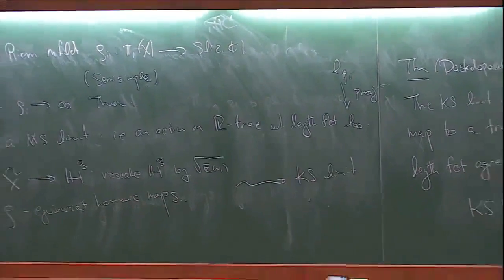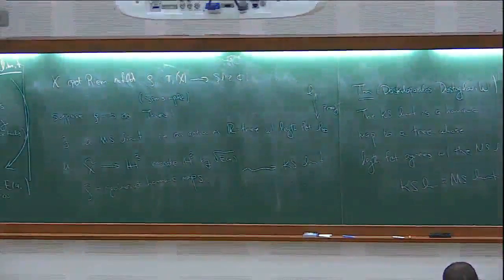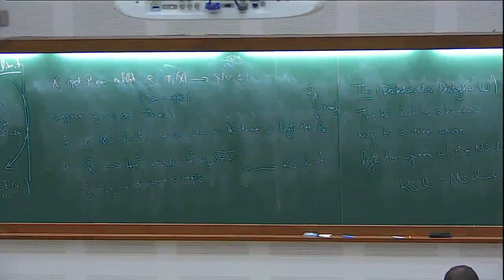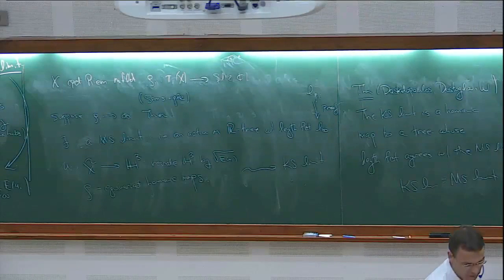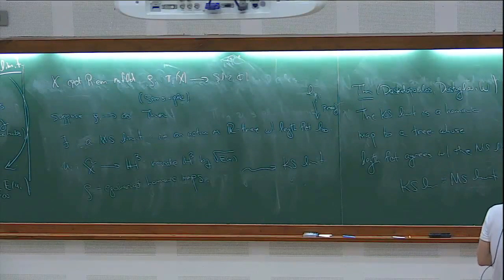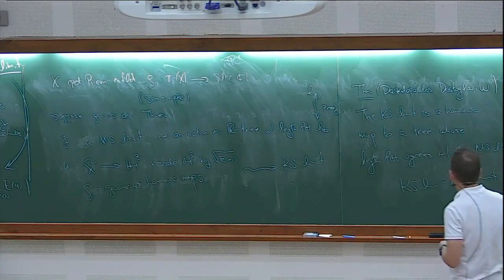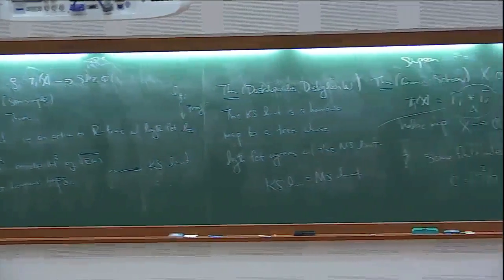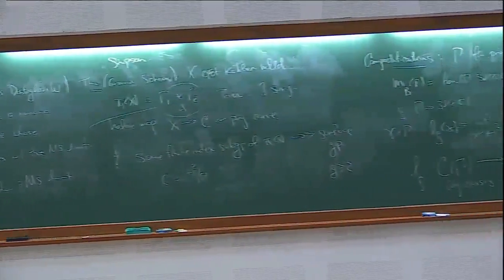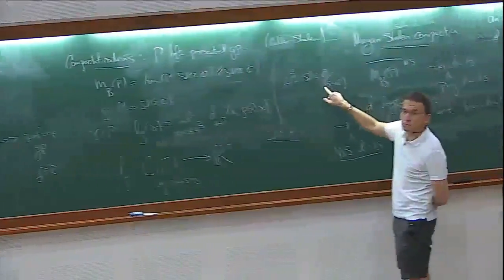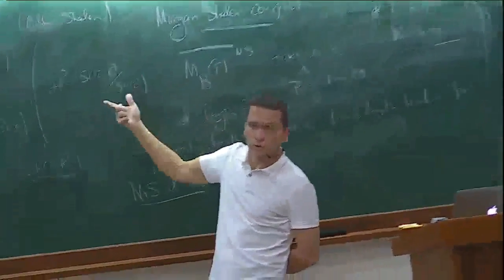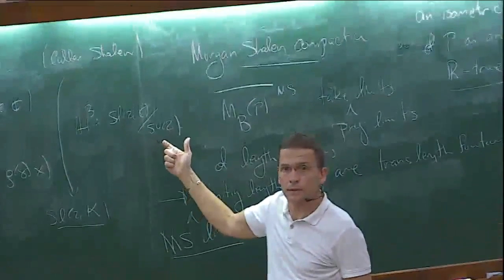So let's see. I think I wanted to say something else here about that. Okay, so this generalizes a theorem of Mike Wolf for Teichmüller space. I didn't say that, but the Morgan-Shalen compactification, when you restrict to the Teichmüller component inside of here, is just the Thurston compactification of Teichmüller space.